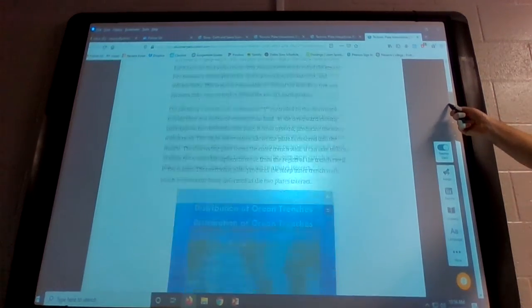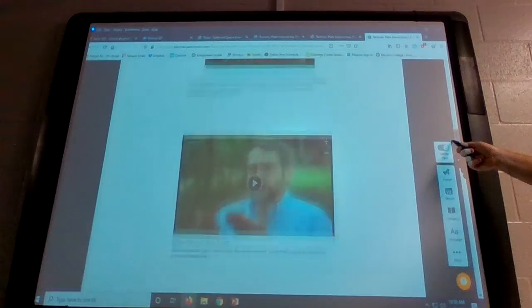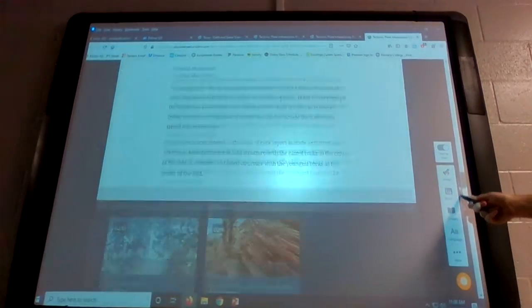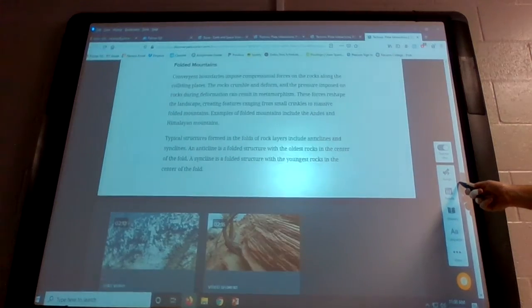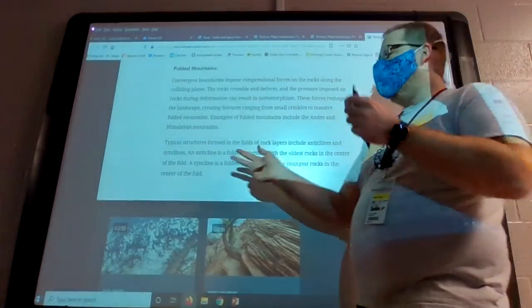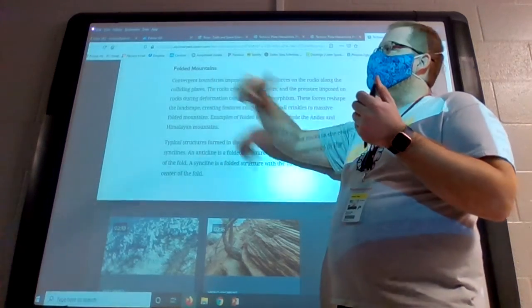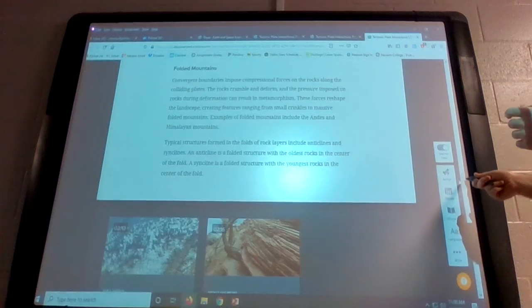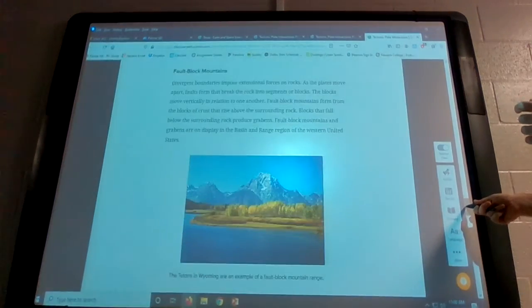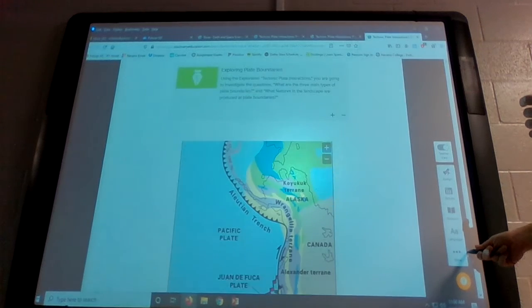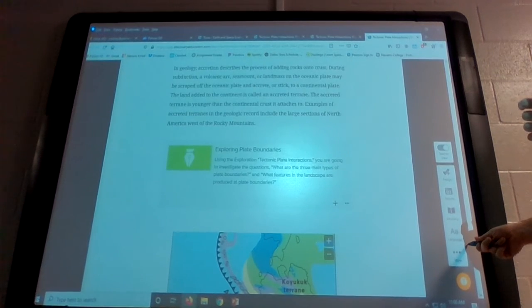Subduction zones, trenches. They talk about trenches, volcanoes, folded mountains. They talk about synclines and anticlines. There they go. So they do talk about anticlines and synclines here in the folded mountains section. They give you that description of what an anticline and a syncline is. Fault block mountains, wonderful. Accreted terrains. That's going to be where your melange is.